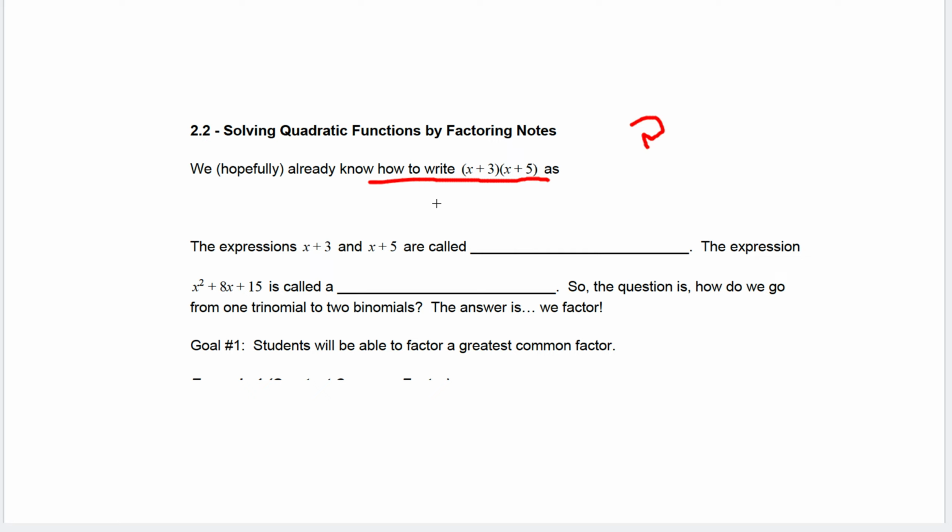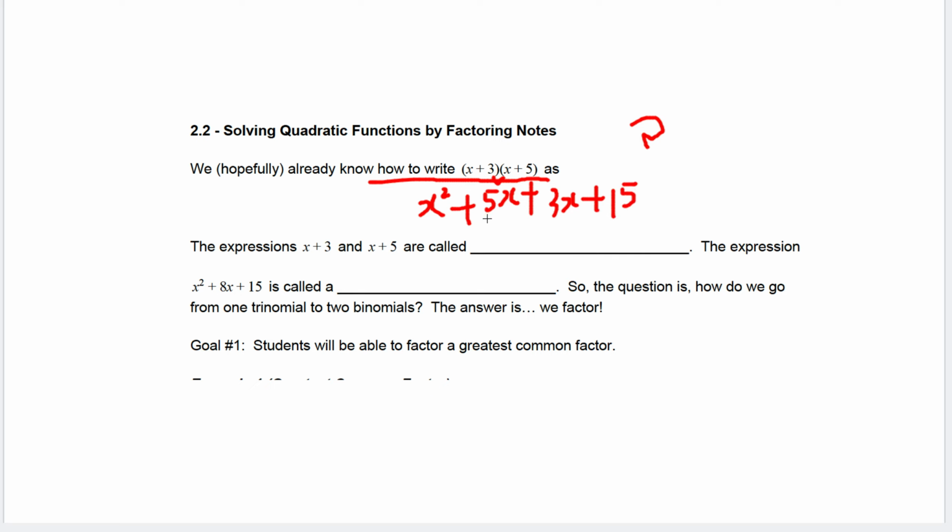So what we get is x times x is x squared, plus x times 5 is 5x, plus 3 times x, so it's 3x. And the last one is 3 times 5, which is 15.